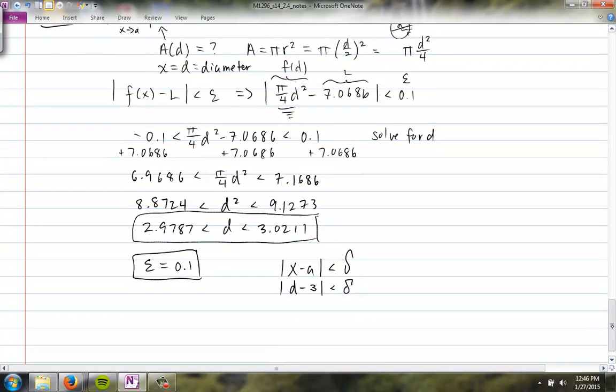So to figure this out, notice that we kind of have something like that with our range, and we can repackage it up with our absolute value, or at least get closer to that. So I'm going to take our inequality that we had, and I'm just going to subtract 3 everywhere.